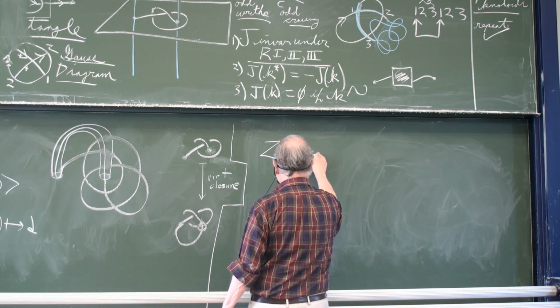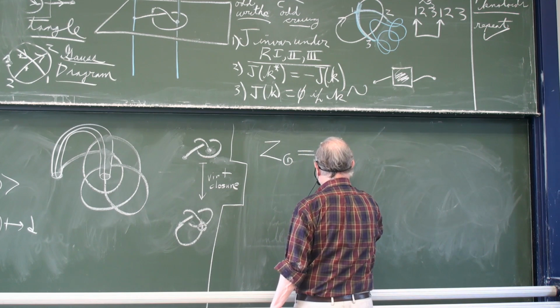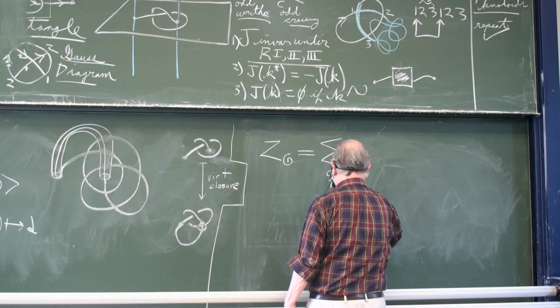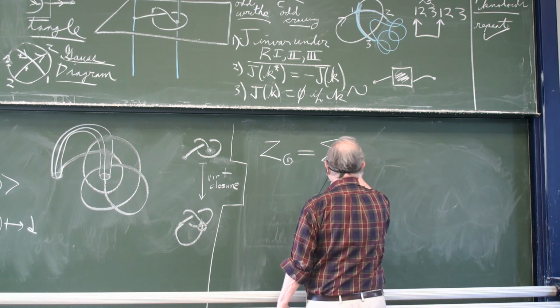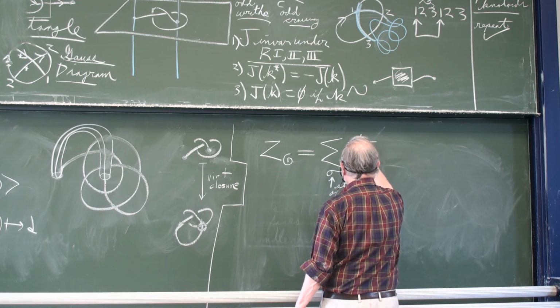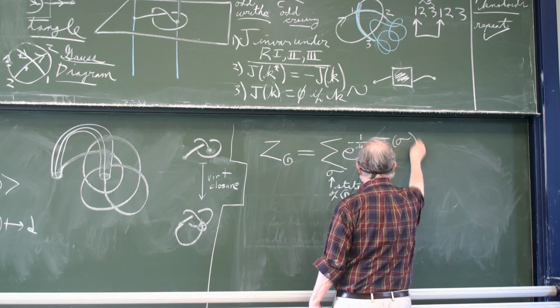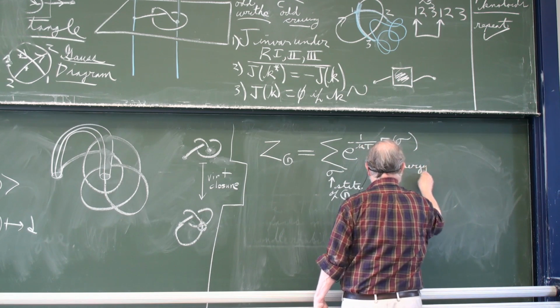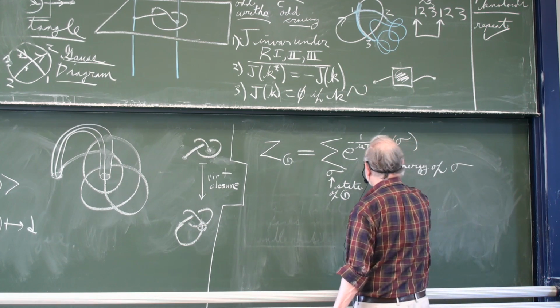G represents a physical system, and you sum over sigma, which is a state of G, e to the minus 1 over kt, energy of the state. And this is temperature.